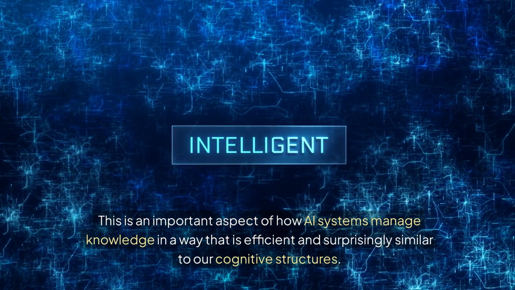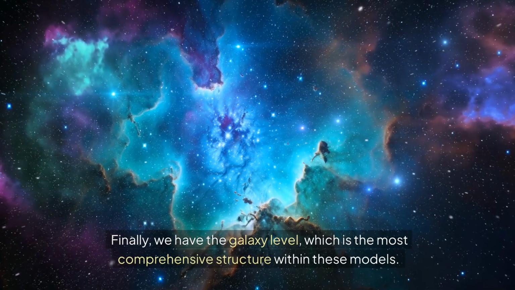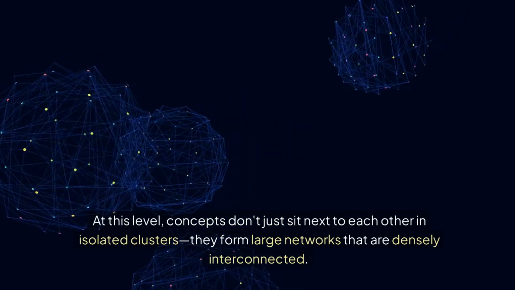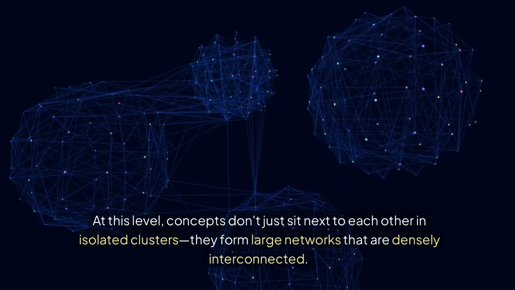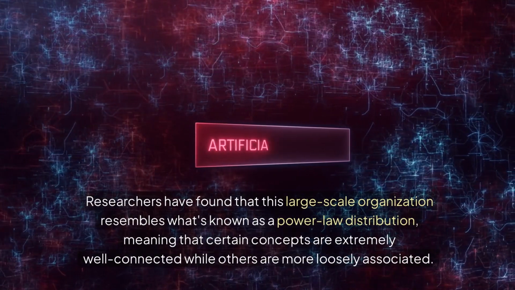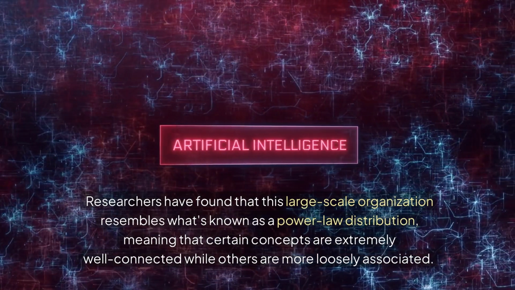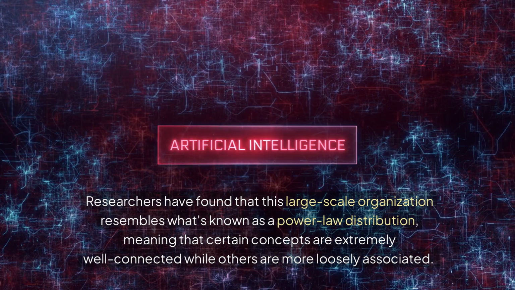This is an important aspect of how AI systems manage knowledge in a way that is efficient and surprisingly similar to our cognitive structures. Finally, we have the galaxy level, which is the most comprehensive structure within these models. At this level, concepts don't just sit next to each other in isolated clusters. They form large networks that are densely interconnected. Researchers have found that this large-scale organization resembles what's known as a power law distribution, meaning that certain concepts are extremely well connected while others are more loosely associated.